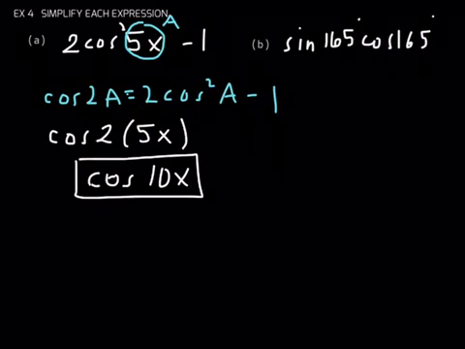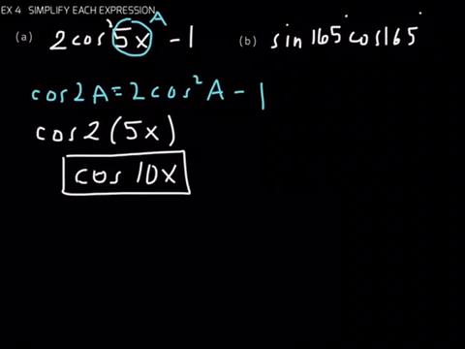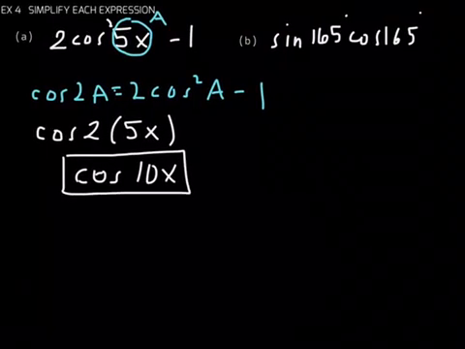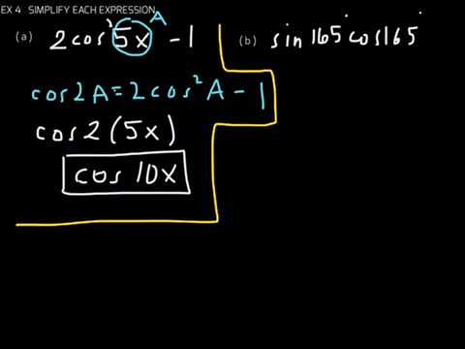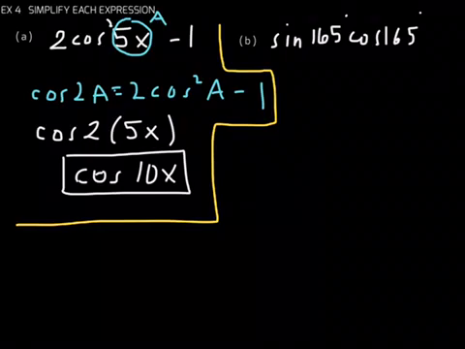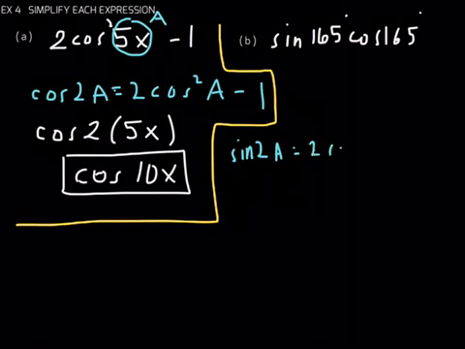Cool. Let's try this second one here. Let me see if I can section this off for us so that we don't get confused. Notice that we have something that looks like this. Your identity is sine of 2a is equal to 2 times sine of a cosine a.